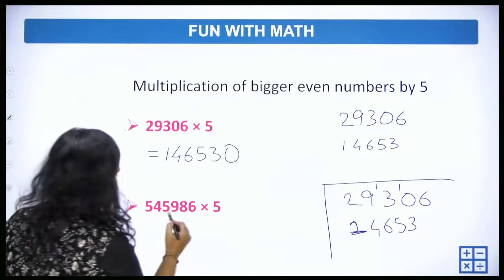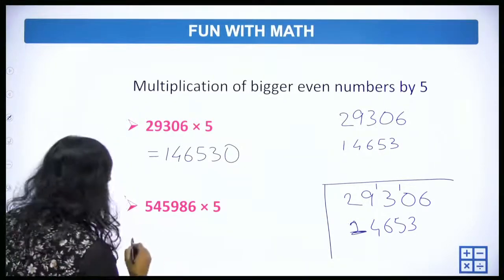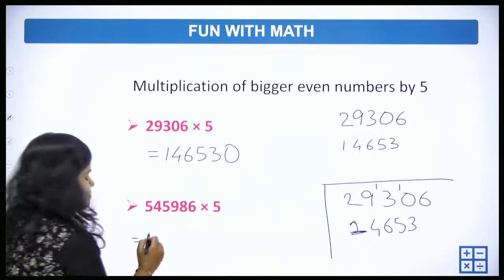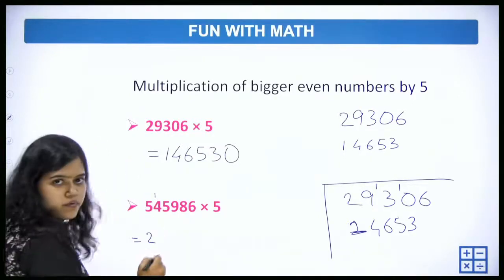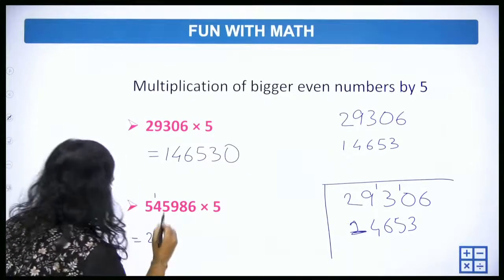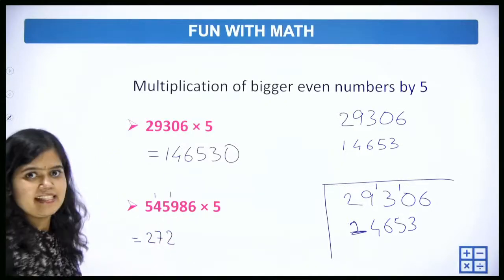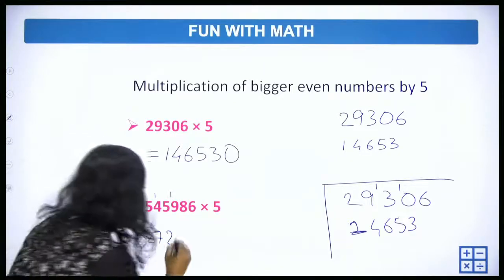So 5, 4, 5, 9, 8, 6 into 5. So again, first divide it by 2. On division 5 by 2, we get 2. So 1 carried. 1, 4, 14. So 7. 5 again. So 2 2 is 4 and 1 carried. 19. 19 cannot be divided by 2. So we'll divide 18 and write 9.